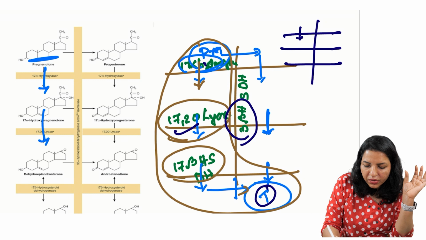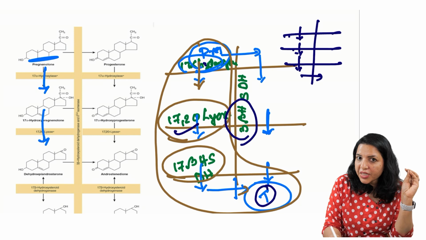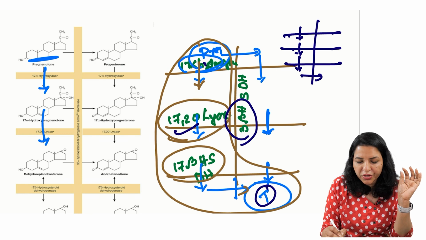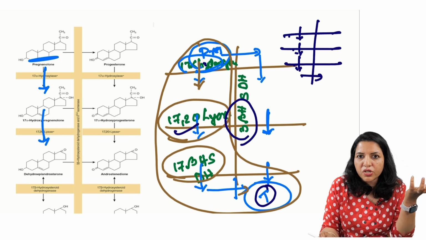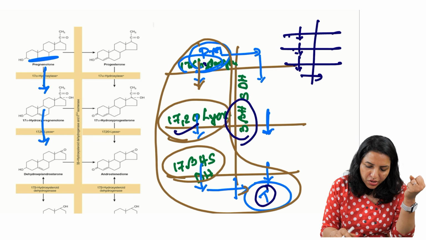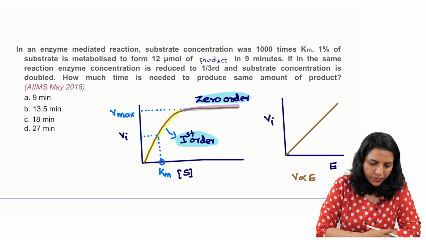So we will cross this, and then we reach here, which means 17-alpha hydroxylase, 17,20 lyase, then 17-beta hydroxysteroid dehydrogenase, and finally 3-beta hydroxysteroid dehydrogenase. So that is the correct order whereby cholesterol is being converted to testosterone. So that is also a very difficult question asked in one of the INICET exams.